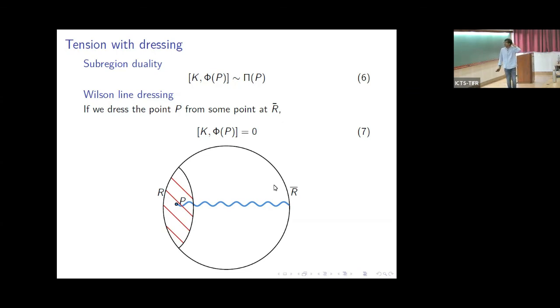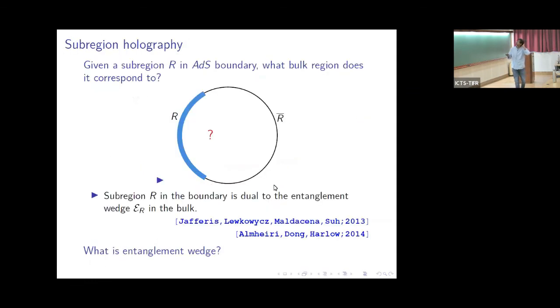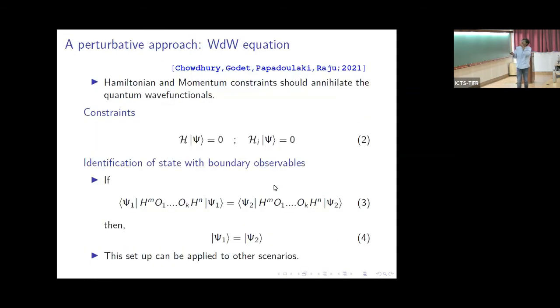There is some paper by Giddings, and I think they have some way of dressing, but we will calculate these dressings from our Wheeler-DeWitt approach. Because when we say these wave functions are invariant, these wave functions are actually gauge invariant. So we can also have some notion of gauge invariant operators from this Wheeler-DeWitt approach.